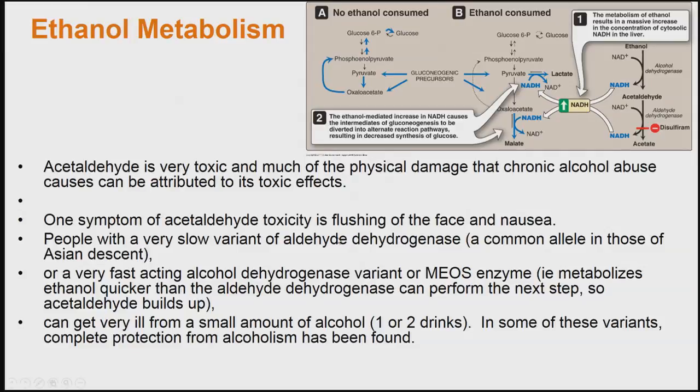Okay? The benefit of having that is those people, when they've done population studies, have been found to have complete protection from alcoholism. Alcoholism does not exist in people who have those variants of the enzyme. And that makes sense, right? They'll never drink enough to become an alcoholic or to get to the stage where they're actually addicted.